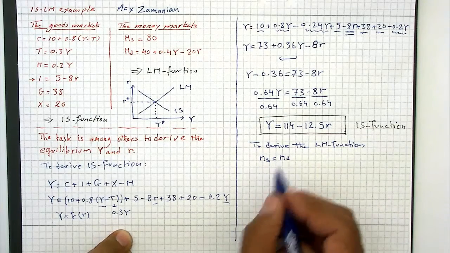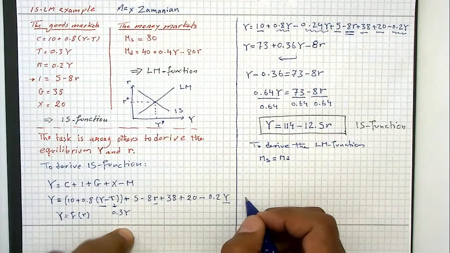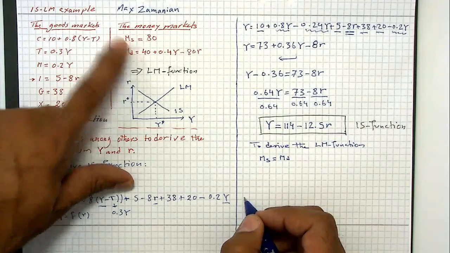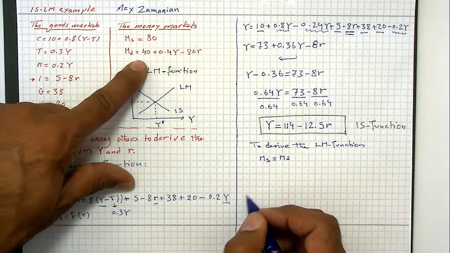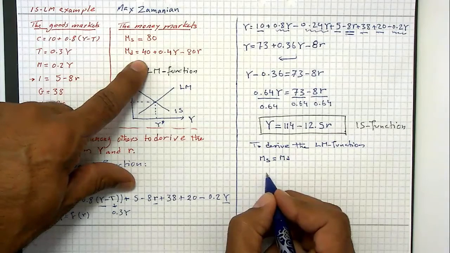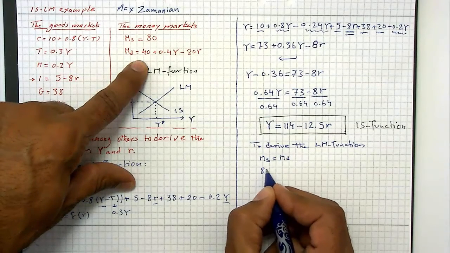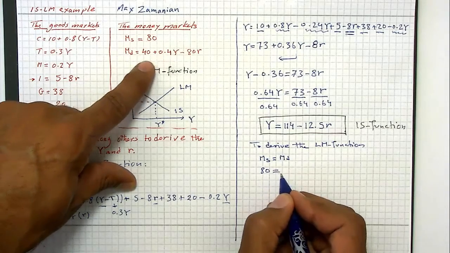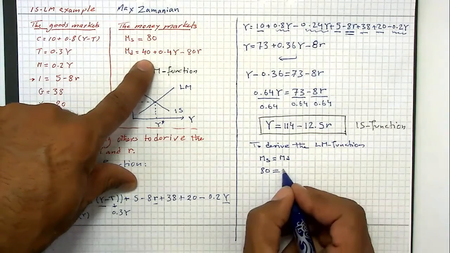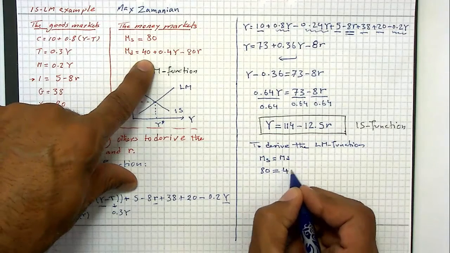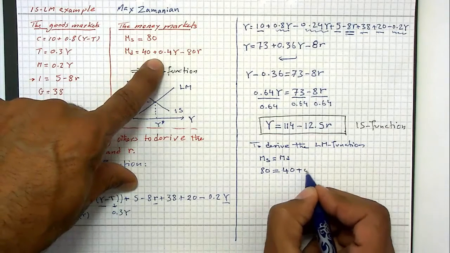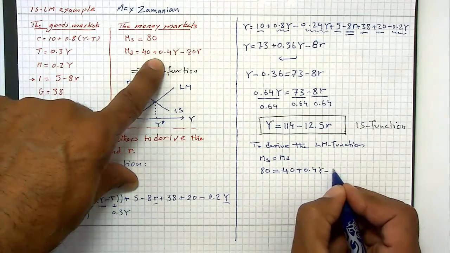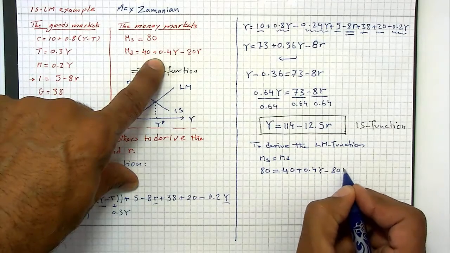And we replace money supply and money demand with the right hand side for each of them that we have got here. So we have 80 equal to the right hand side of money demand, 40 plus 0.4 y minus 80 r.